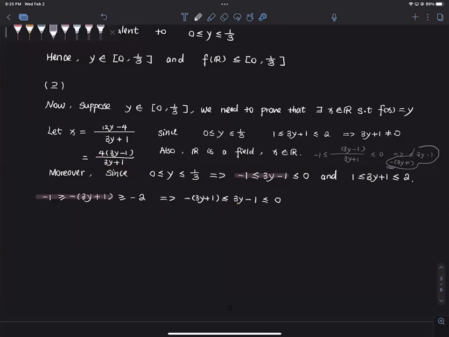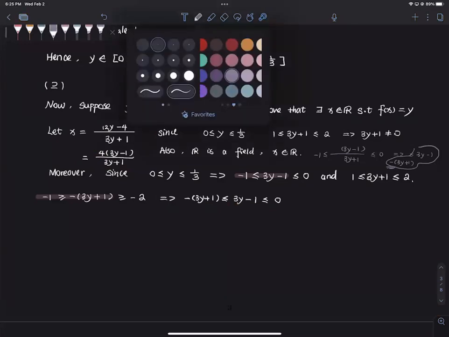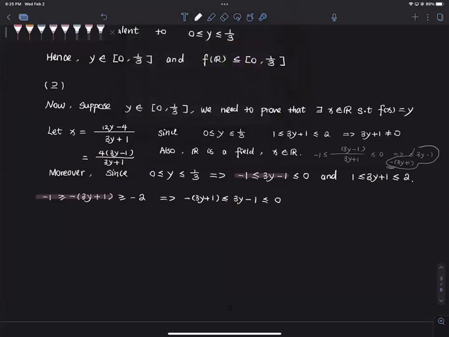So next step is I'm gonna multiply by 4 and divide by 3y plus 1. So this gonna give me negative 4 times 3y plus 1 over 3y plus 1 is less than or equal to 3y minus 1 times 4 over 3y plus 1, which is less than or equal to 0.